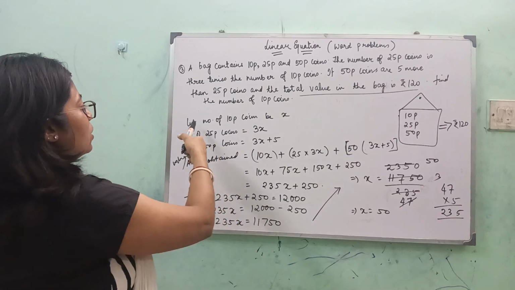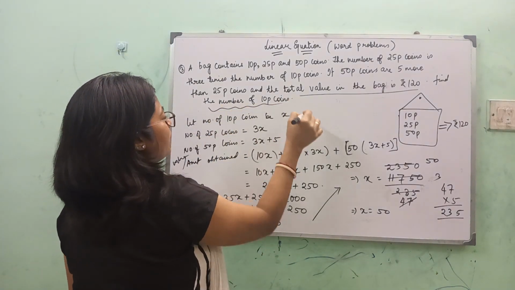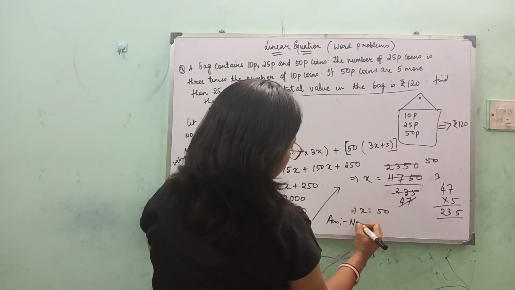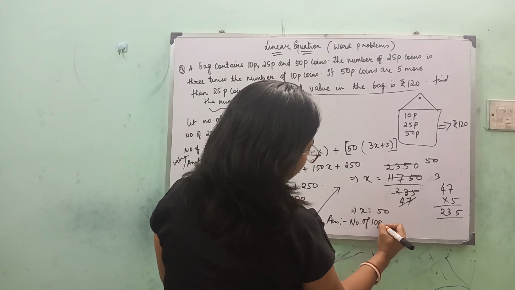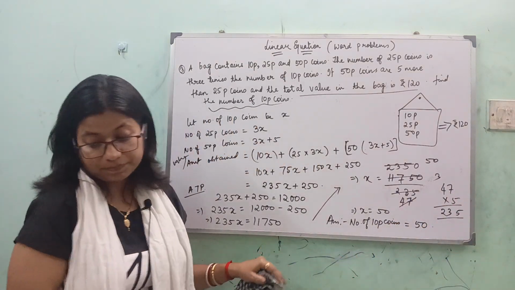Now what was x? The number of 10 paisa coins, and that is the question. Find the number of 10 paisa coins. So answer, the number of 10 paisa coins is equal to 50.